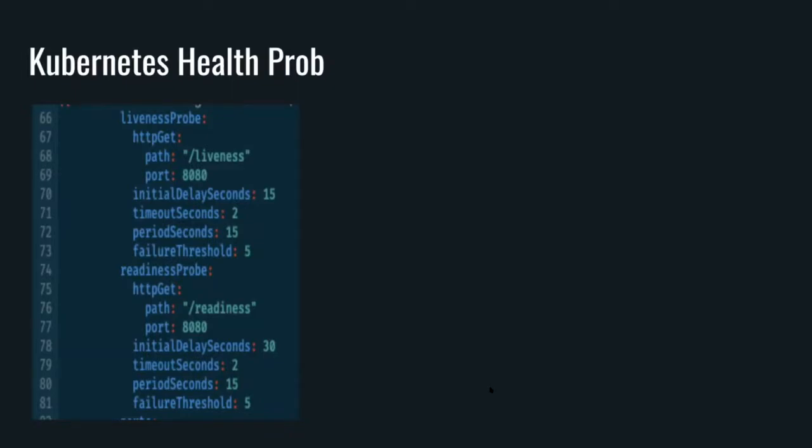Liveness means the node is up, and readiness means the node is ready to serve traffic. If readiness returns okay, Kubernetes will route traffic to this node. If it's not okay, it will stop routing traffic. If liveness is down, Kubernetes will try to restart the node, which is pretty good. Once you have this set up, a lot of things are automatic.